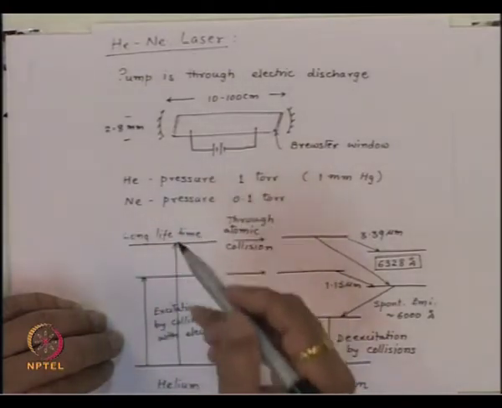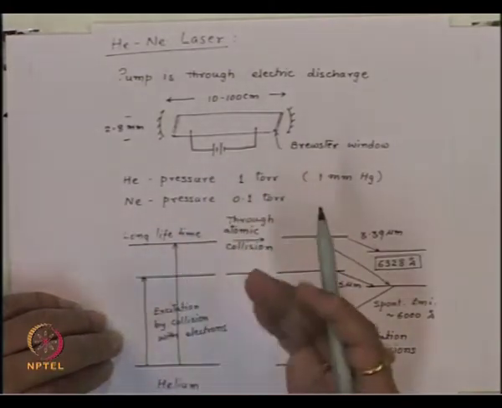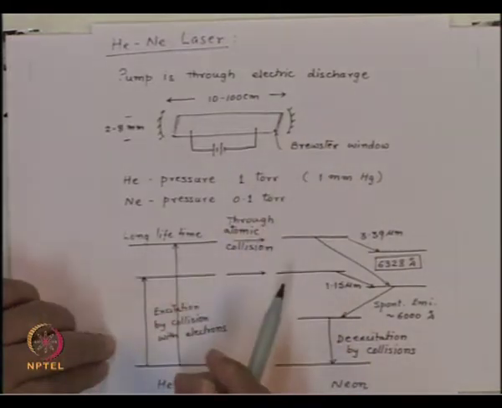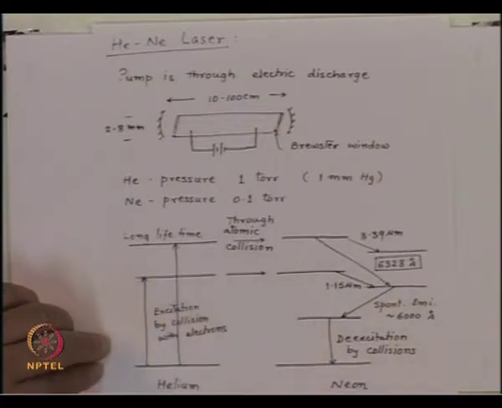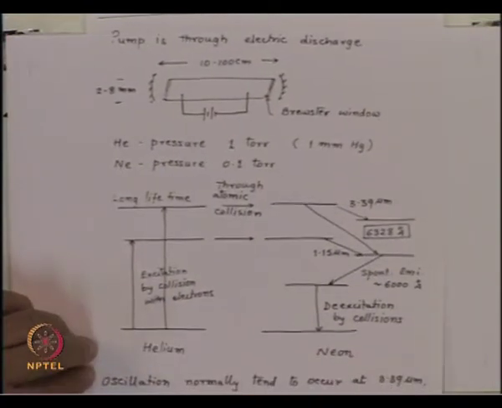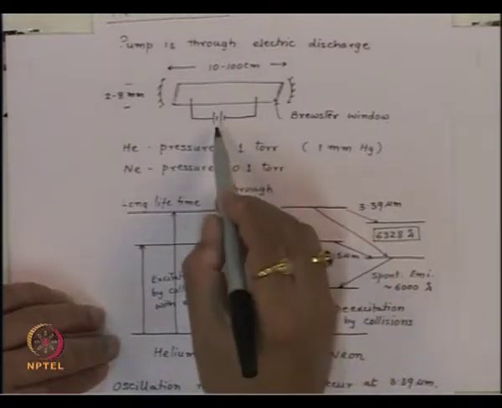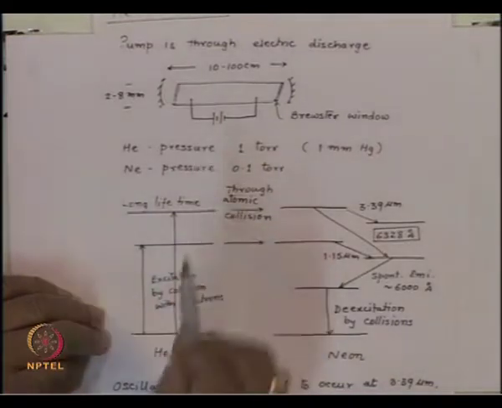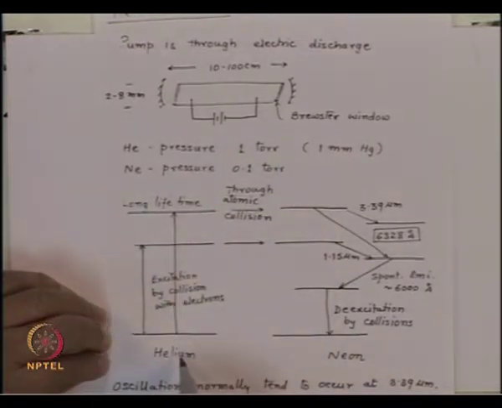essentially we transfer the energy from the discharge to the molecules, and the energy actually is transported to the helium molecules. Because the neon molecules have very low cross sections, directly the energy cannot be transported to the neon molecules.